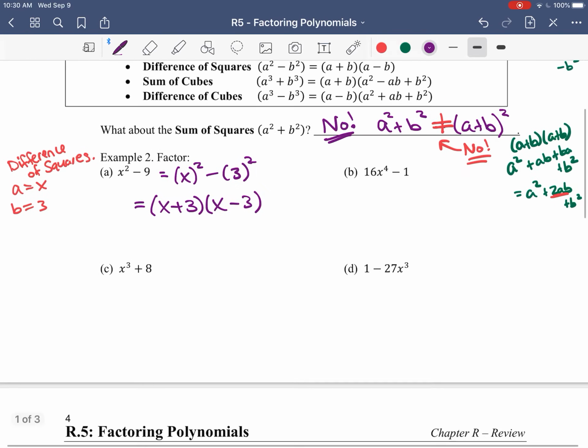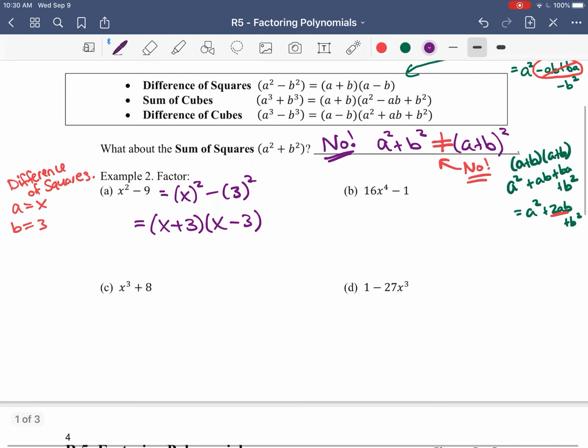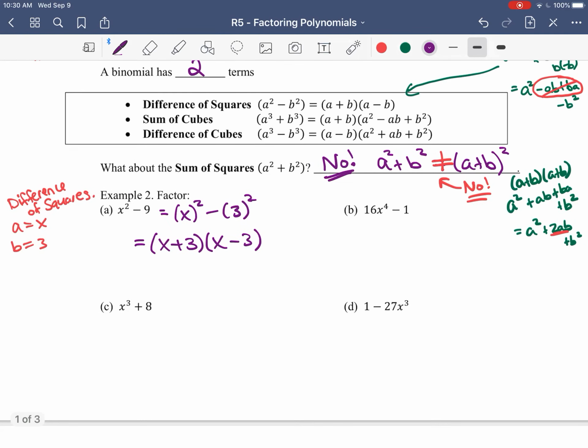Okay, now let's try part C here. So x cubed, okay, so I'm seeing a cube there. Is 8 a cube? It actually is. So 8 is 2 cubed. Okay, so this is going to be a sum of cubes. And in the formula, a is x and b is 2.